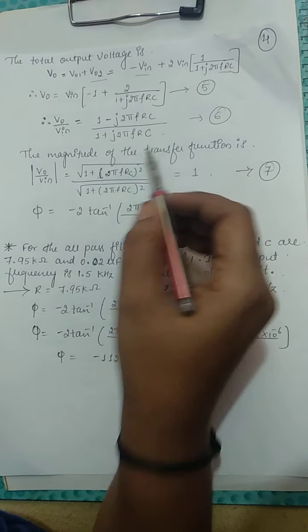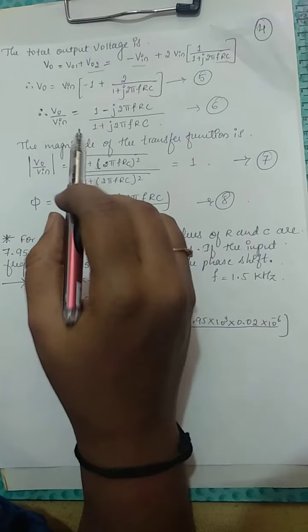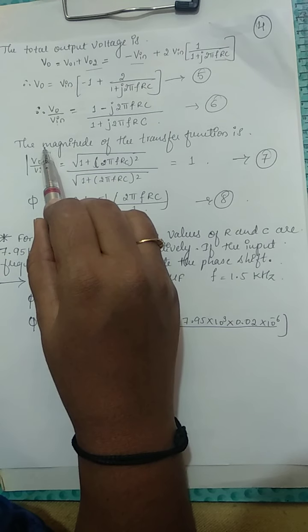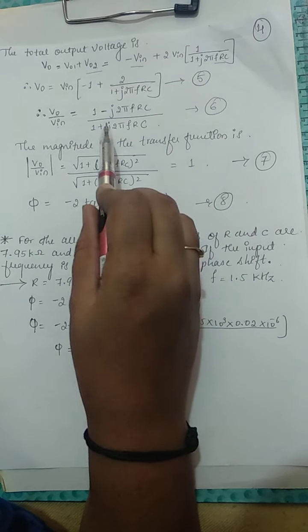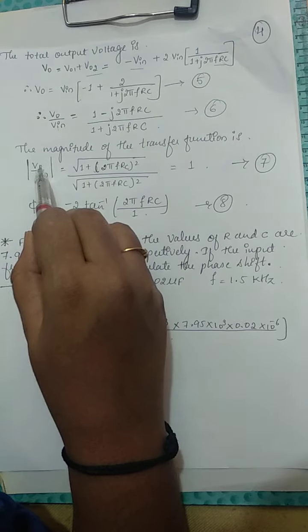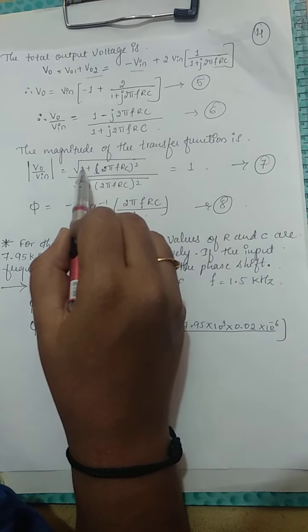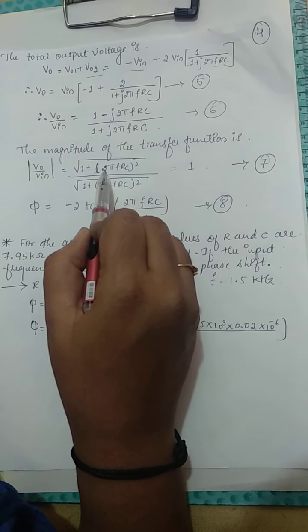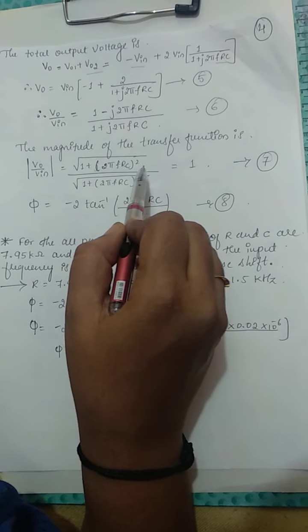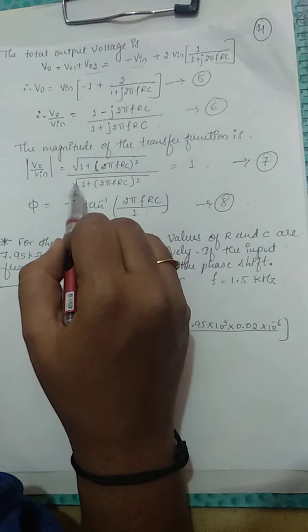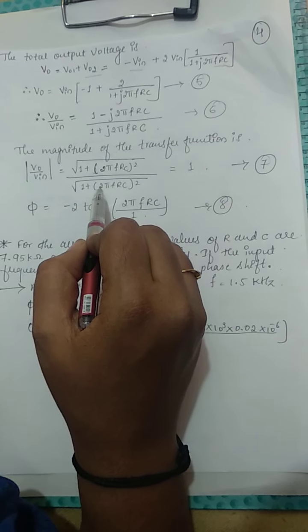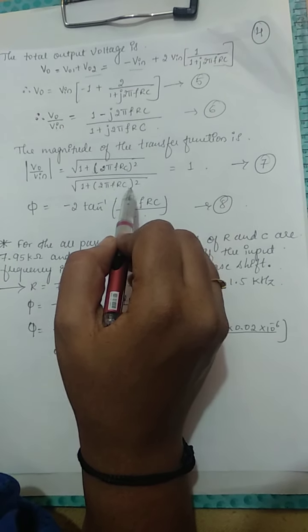To eliminate the imaginary terms, or else you can say the magnitude of the transfer function of this equation, that is magnitude of Vout by Vin is equal to root of 1 plus into bracket 2 pi FRC whole square, divided by root of 1 plus into bracket 2 pi FRC whole square.